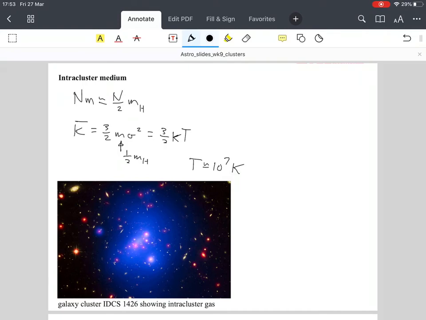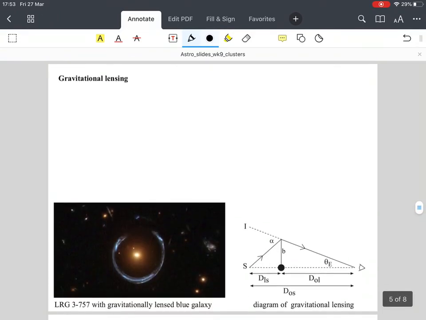So you think about this thermal blackbody spectrum that we had before when we looked at stars, but now it's shifted up to very short wavelengths or high energies and gives you this X-ray emission that you see as the blue gas.